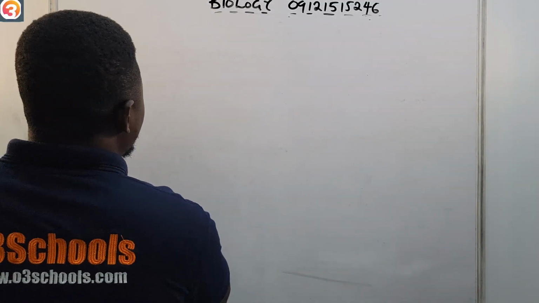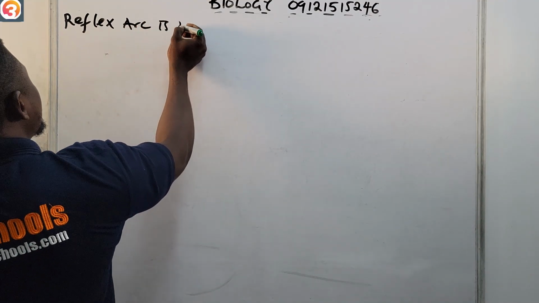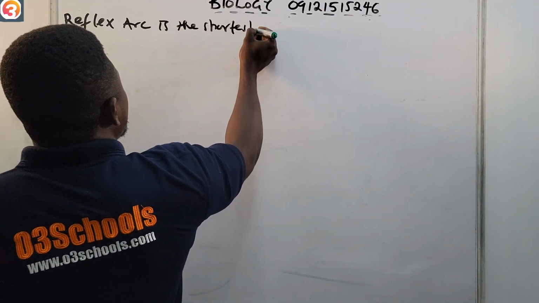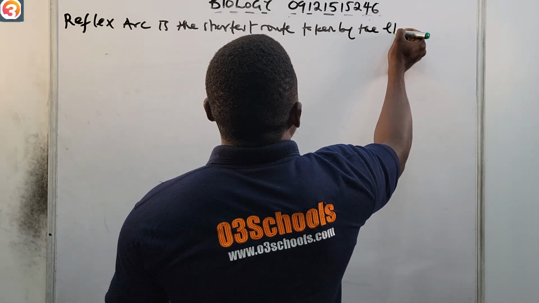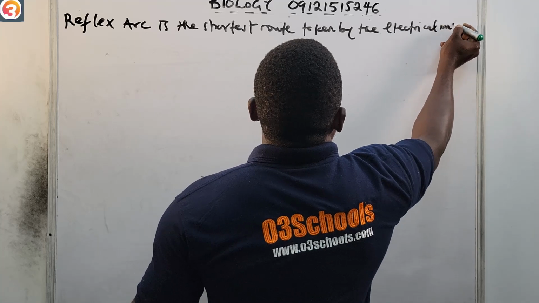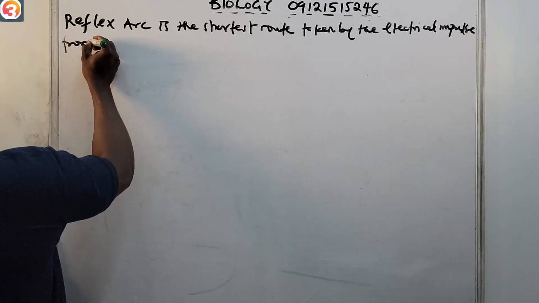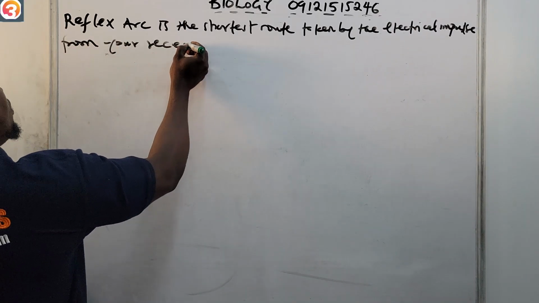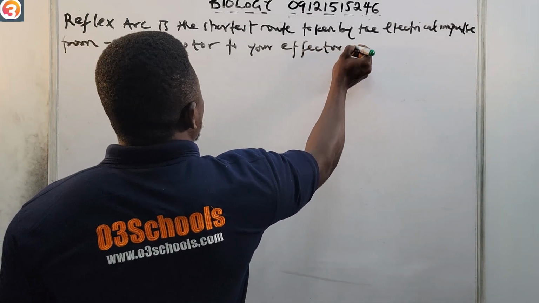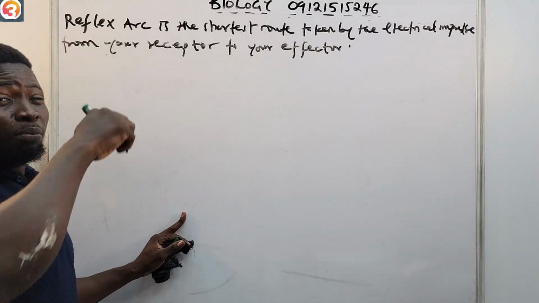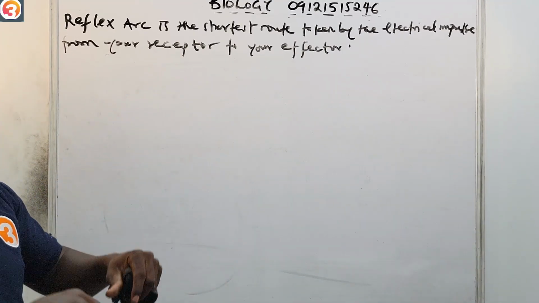That's why I would say that the reflex arc is the shortest route taken by the electrical impulse from your receptor to your effector. Your effector is basically your muscles, and your receptor is the one that perceives the action.